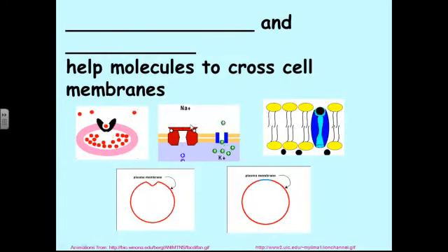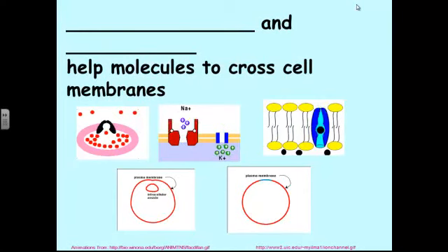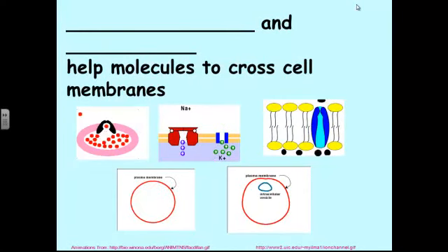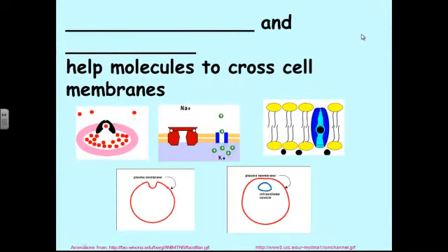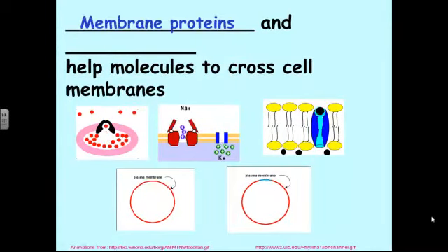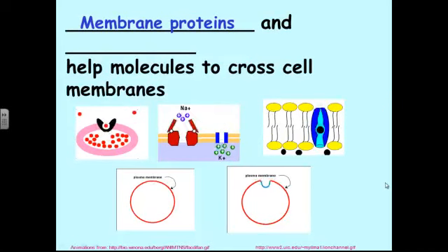And remember, we said molecules that make up cell membranes are the phospholipids and the proteins. When we talked about proteins and what they can do, we said one of the things proteins can do is act as transporters to move things in and out of cells. And there are a whole number of different kinds of membrane proteins that can move molecules across a cell membrane, get something from one side of the membrane to the other.